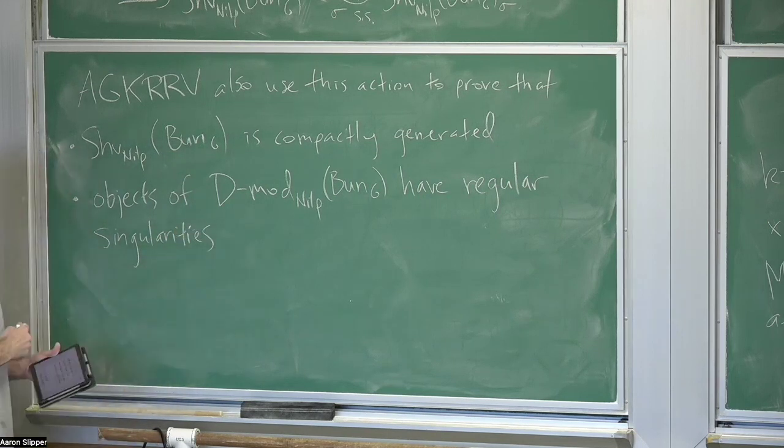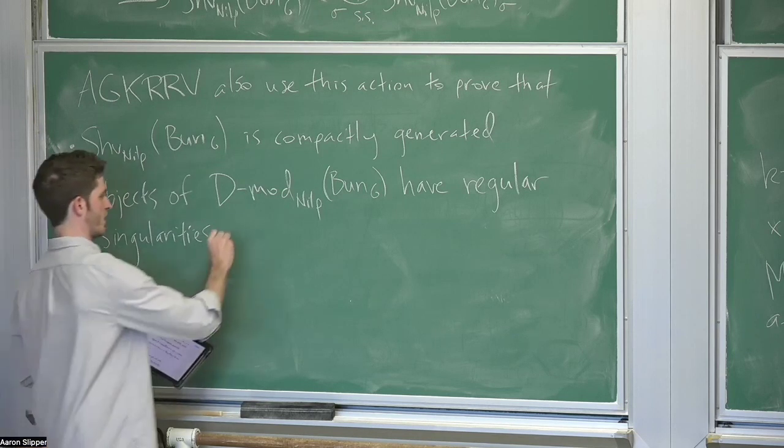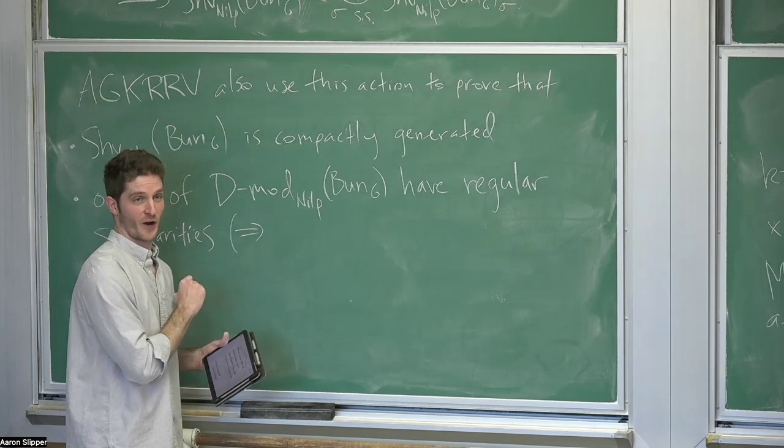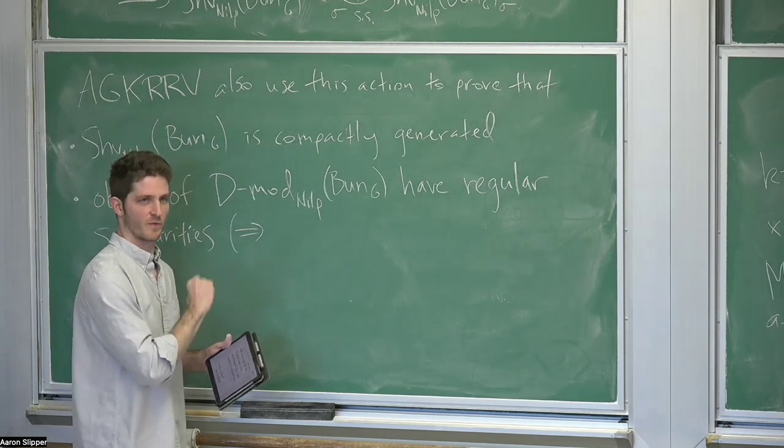Which again is a little bit like the case where, like in Bun_G, something that had a discrete set of K points, that would be automatic, right? So it looks like that again. And in particular, this implies that Hecke eigensheaves have regular singularities, which as far as I know was not known.